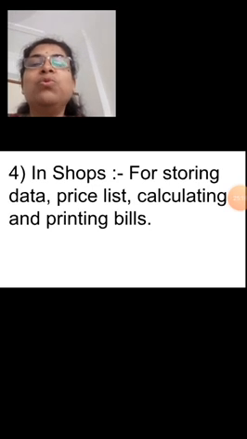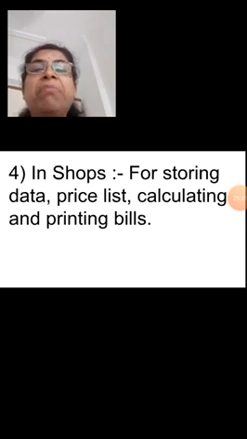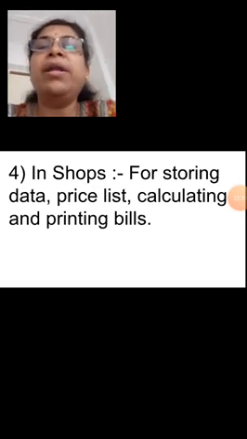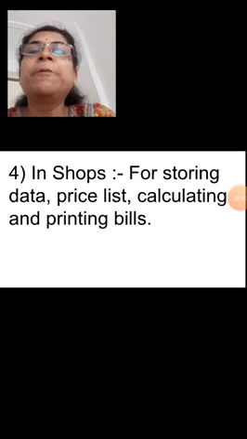Now the fourth use, in shops, for storing data, price list, calculating and printing bills. If you have gone to any supermarket or any shop in the malls, you will get the bills as a printed output, correct? What is storing data? It means whatever items are there in the shop are recorded and listed in the computer along with their prices and the expiry date.